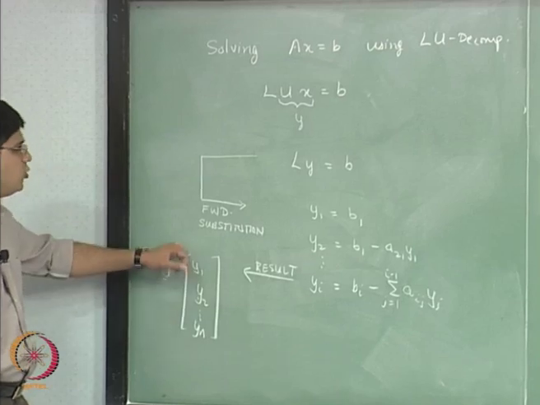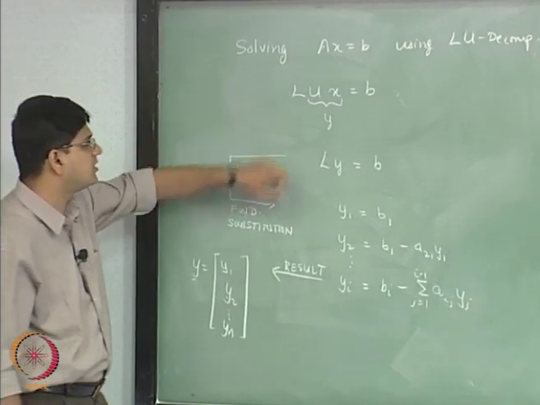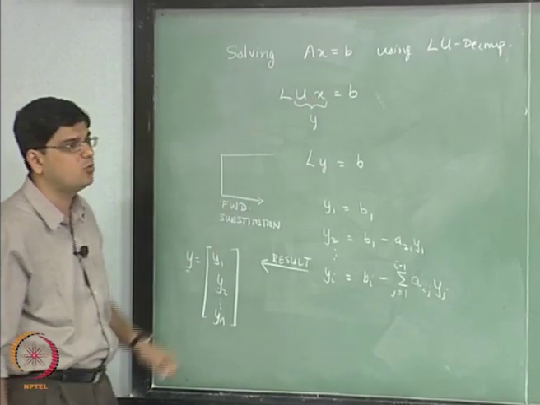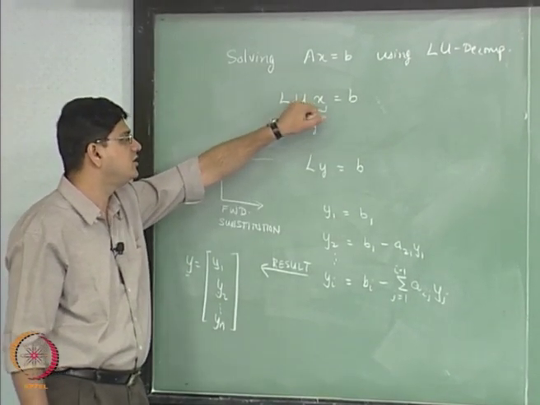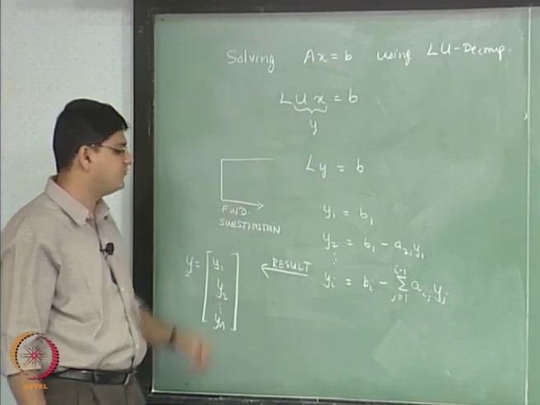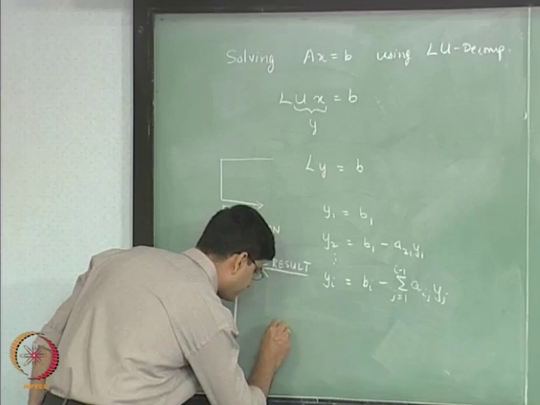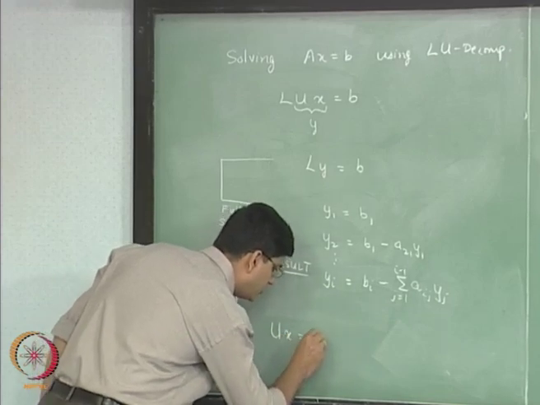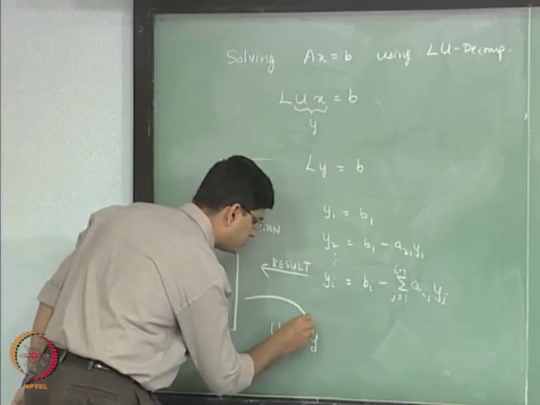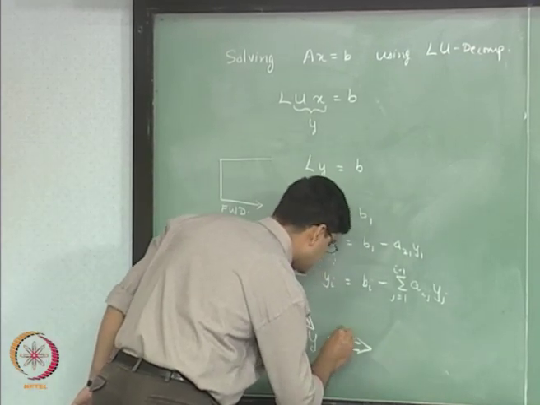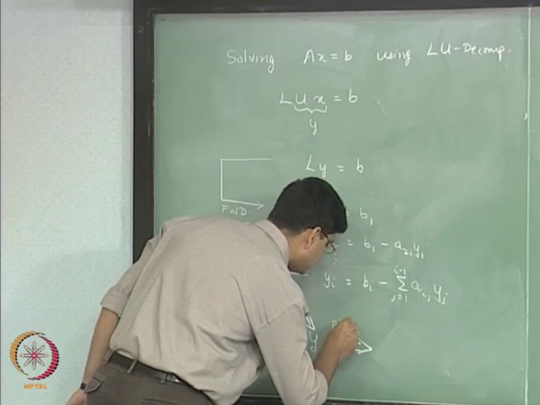Okay. y1, y2 up to yn is nothing but the right-hand side of the equation Ux equal to y. Remember, we have substituted Ux and replaced it with y. So, the second equation is going to be Ux equal to y, where y is obtained from over here, and you can solve this using backward substitution.